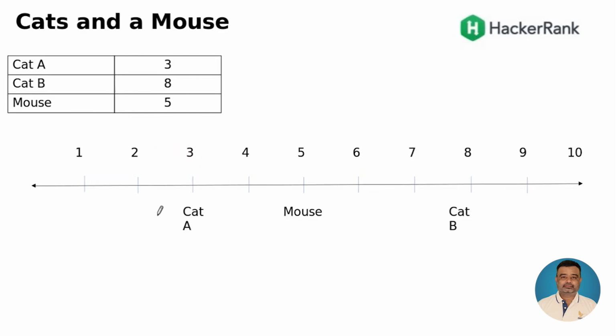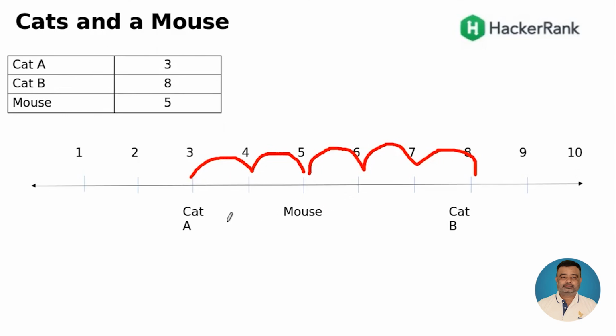Let's look at this example again. Cat A takes 2 units of time to reach the mouse. Cat B takes 3 units of time to reach it. Which moves faster? Cat A reaches the mouse first, because it takes 2 units of time, but cat B takes 3 units of time.